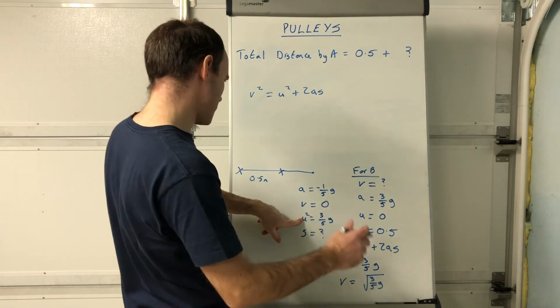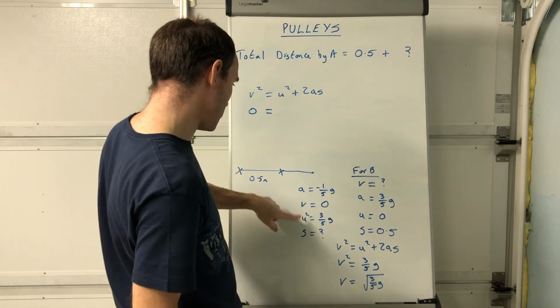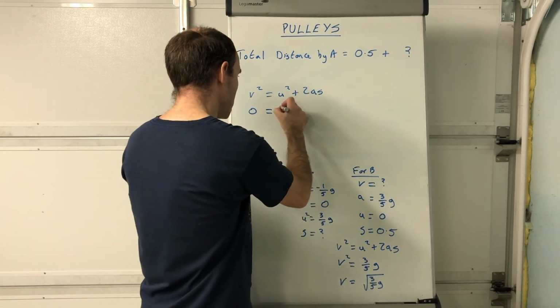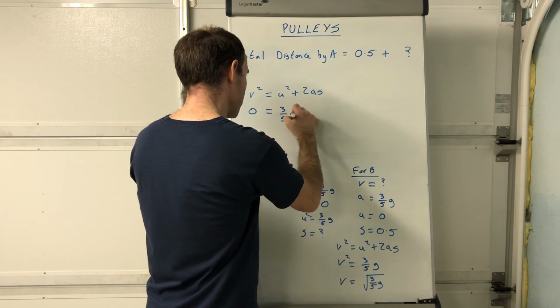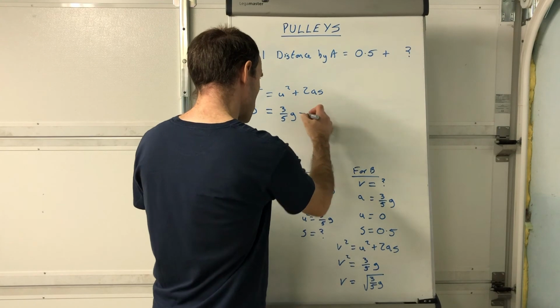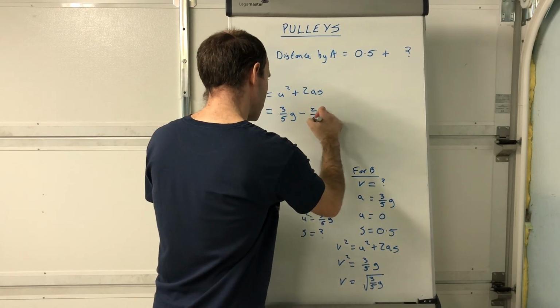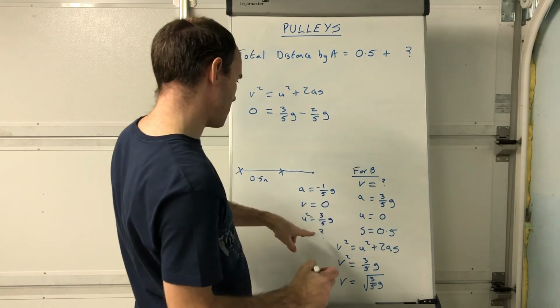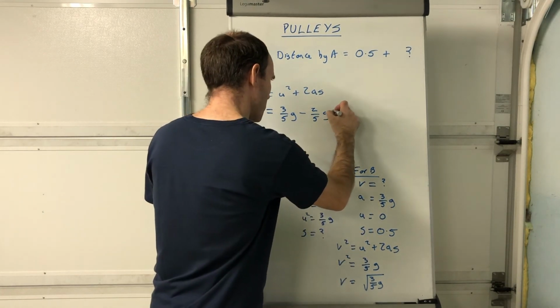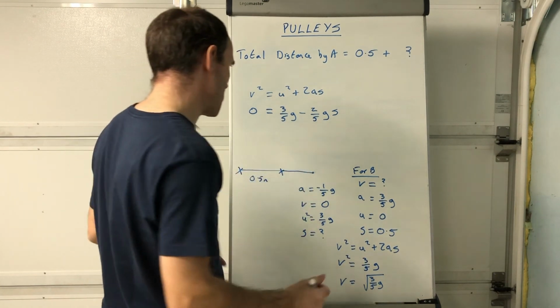So v squared is 0, and then u squared is 3/5 g. So put it in like that, plus 2as. That's going to be a subtraction, because a is negative: 2/5 g multiplied by s, which is what we want to find. Let's simplify this equation a little bit.